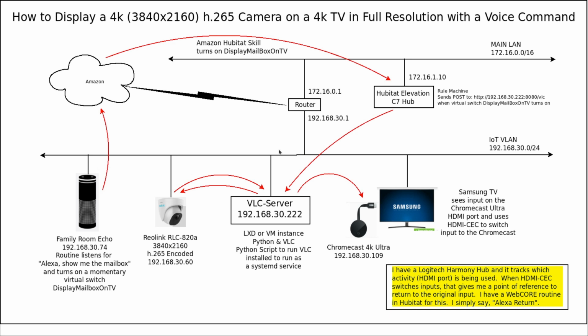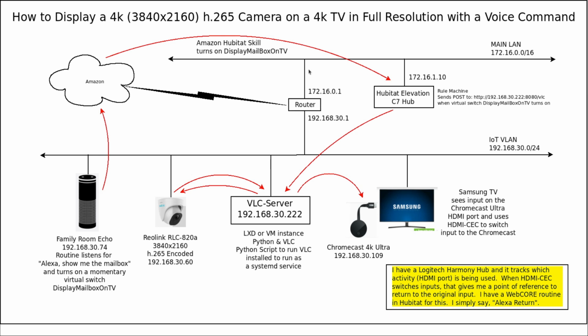That's what this horizontal line is here, and it's addressed at 192.168.30, and that particular network is what I refer to as my IoT network. For security reasons, I put things like my security cameras, my Amazon Echoes, TVs, Chromecasts and such, Fire TVs, all those things on that IoT network.